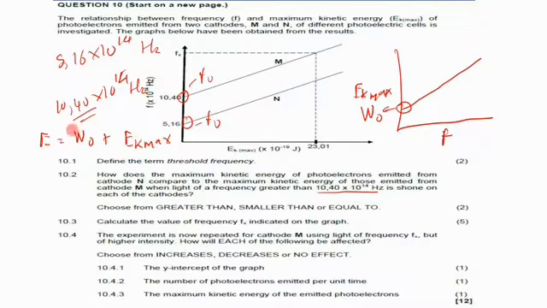Why? Because all the energy will be wasted in trying to make these electrons to at least move, right? So the requirements for the electrons to actually be lifted is way higher, and then resulting in a lower EK max.